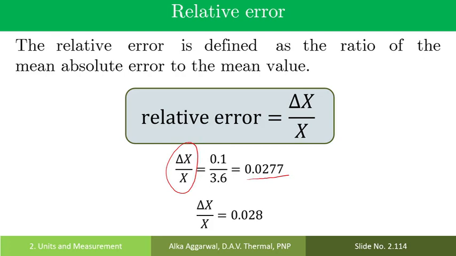Now as we are dividing two quantities, we retain only 2 digits in the result. As the 0 after the decimal is insignificant if the number is less than 1, the 2 digits that should be retained are these. The number to be dropped is 7, which is greater than 5. So the final relative error is 0.028.